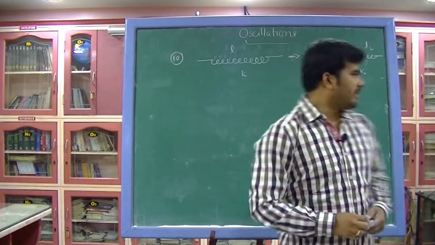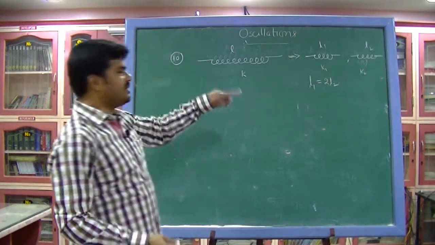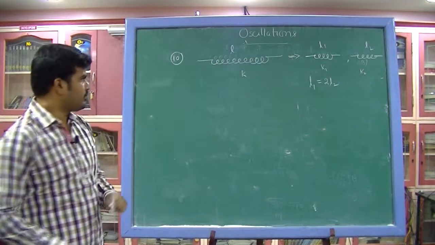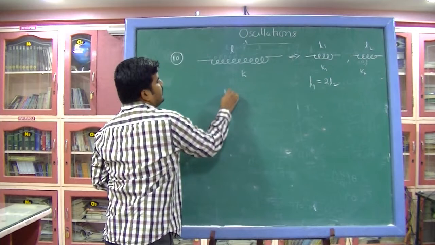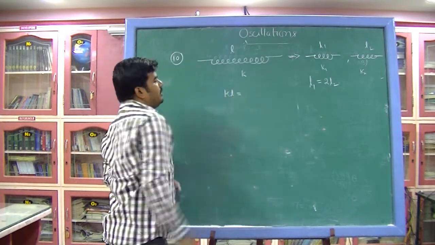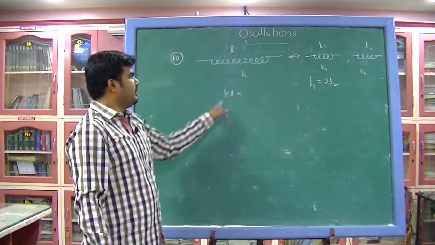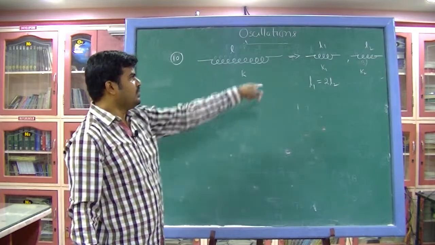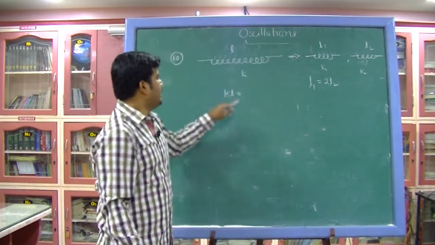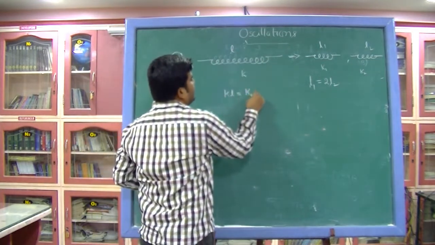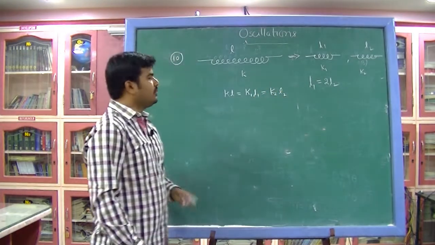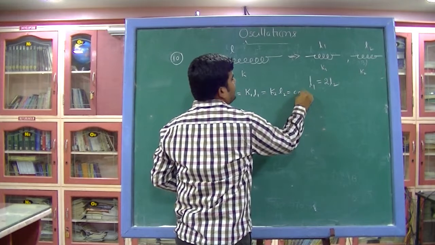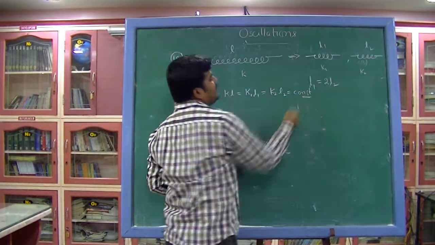Now let us find the K1, K2 values using the similar idea that we discussed in the previous problem. We know that K is inversely proportional to L, so KL is equal to constant. I can use the same relation for each part of the spring. So, KL must be equal to K1 L1, which is equal to K2 L2, which is constant.